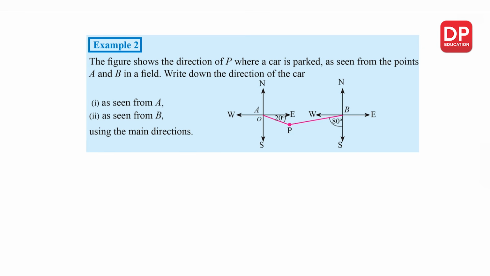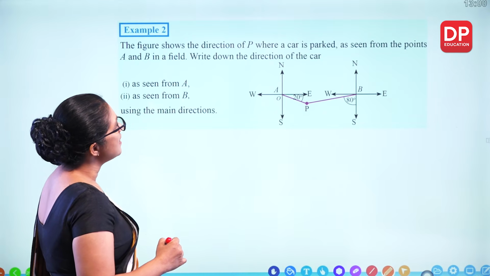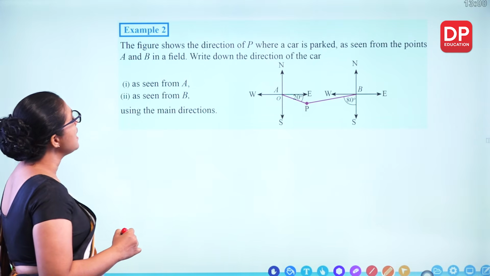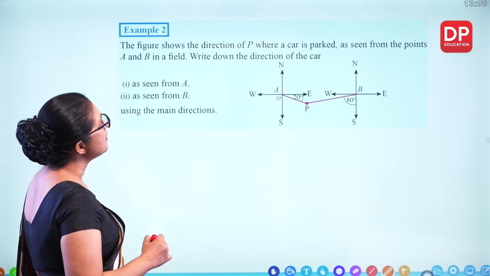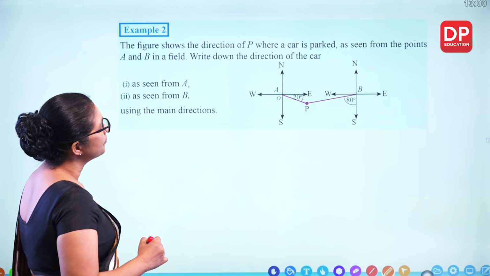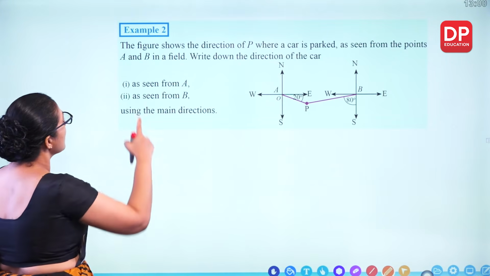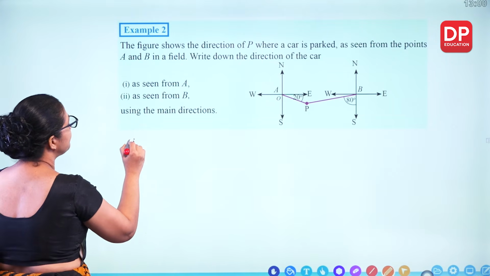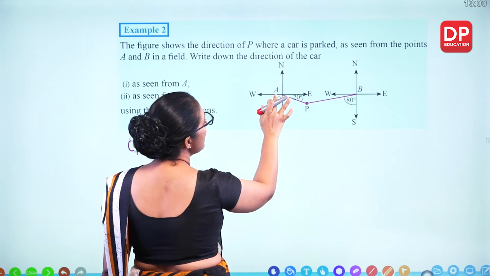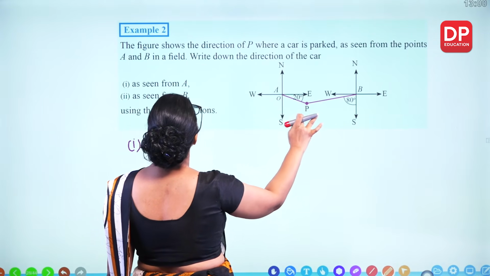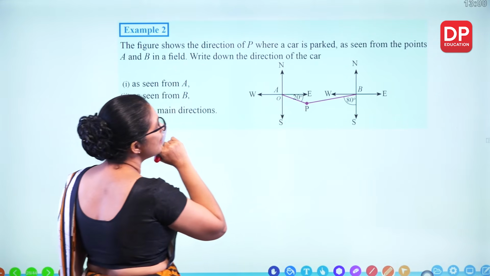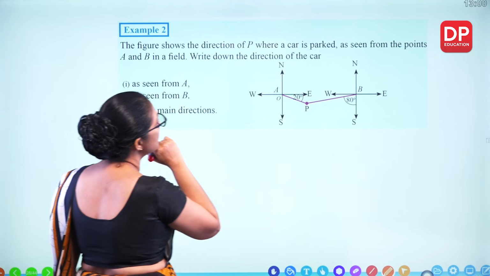Example 2. The figure shows the direction of P where a car is parked as seen from the points A and B in a field. Write down the direction of the car as seen from A. From A, this is the car, the P point.